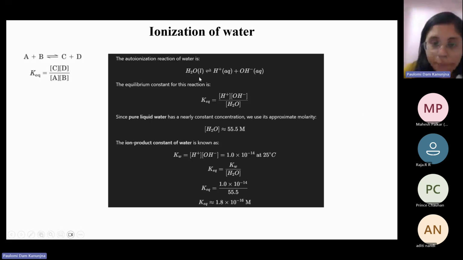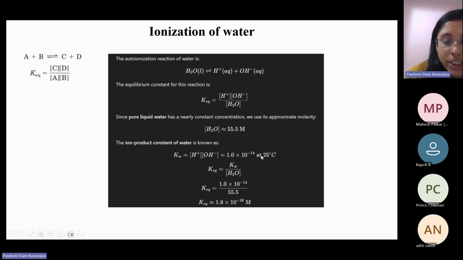So following the same principle that we have been doing, K, the dissociation constant or equilibrium constant, being H plus times OH minus divided by H2O. Here we will substitute H2O with 55.5 molar because we are dealing with pure water. Now, if you look into this, this is the same that we have just determined.